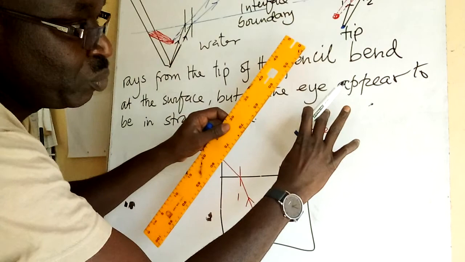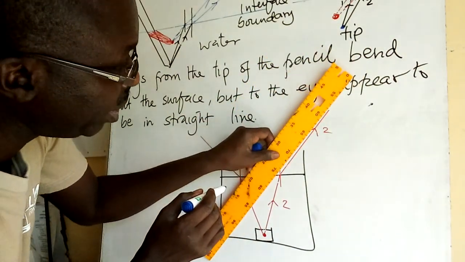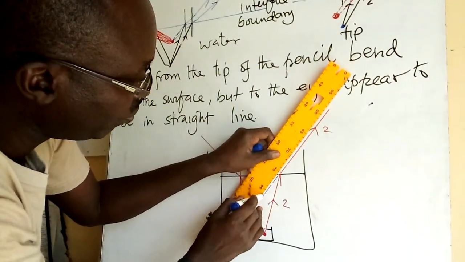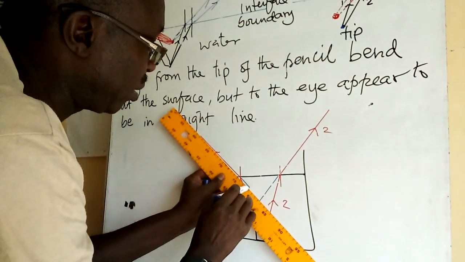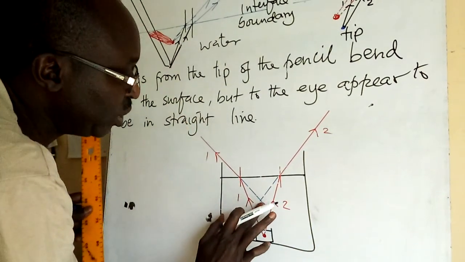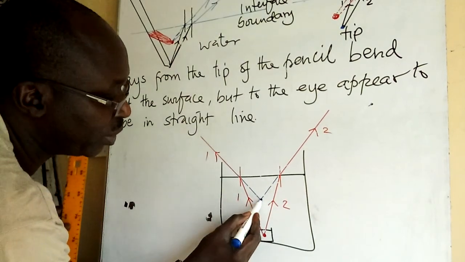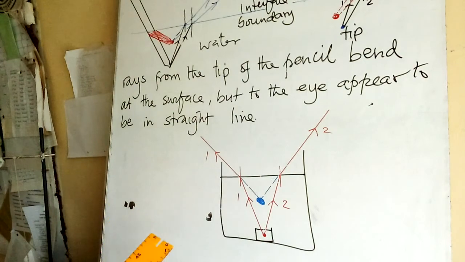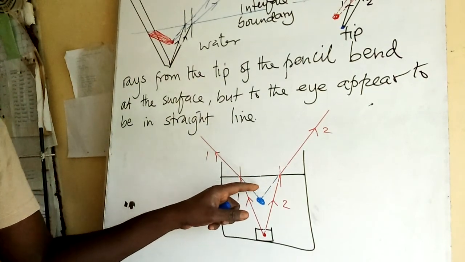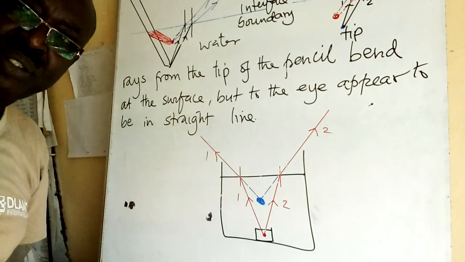This which goes to the eye will appear straight. So you extend. Even this, you extend. So the impression of our coin now is here. You can see this is dotted because it's not real.